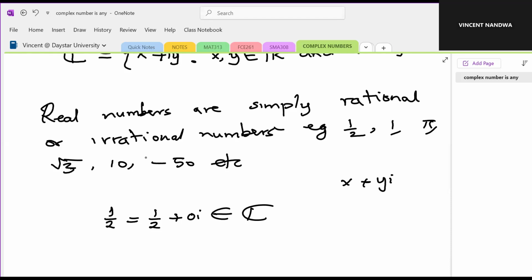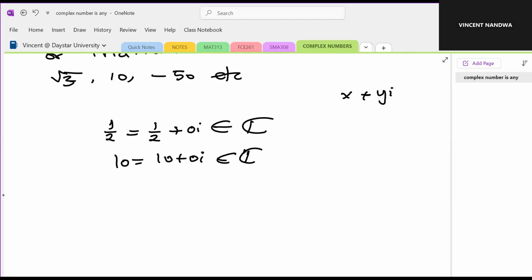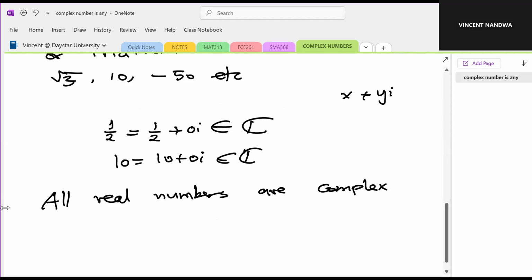Similarly, a number like 10 can be written as 10 plus 0i. So we can in general say that all real numbers are complex numbers, because every real number can be written in the form x plus yi, where both x and y are real numbers.